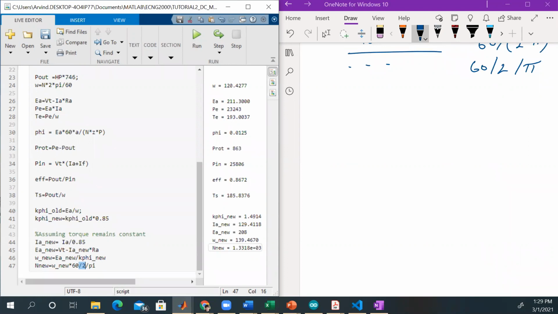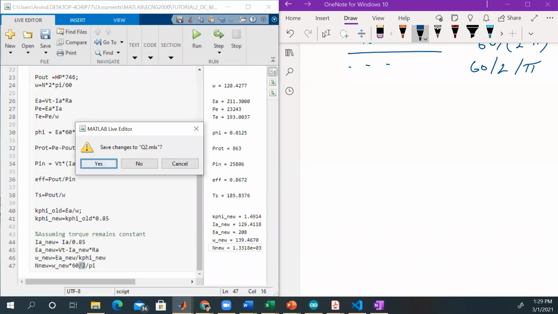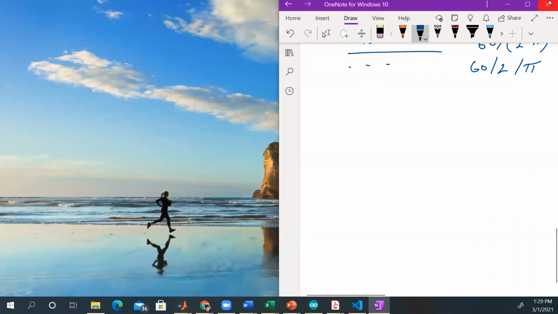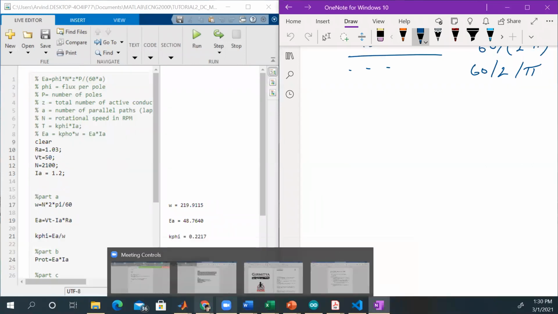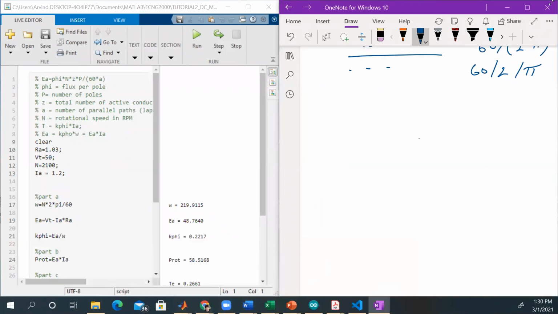Let us see. Number 3. Right, number 3. So here we have a separately excited DC motor operated at constant flux has an armature resistance of 1.03 ohms. So again, we're going to just draw our diagram.